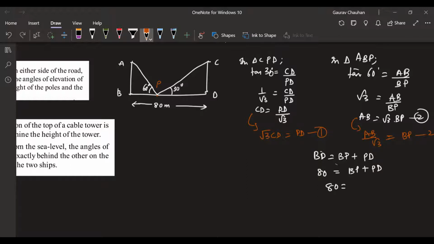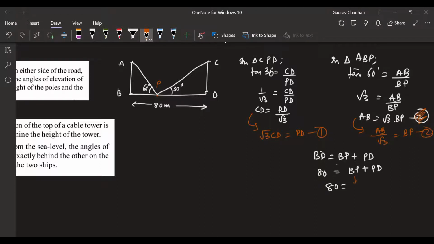We need AB only. AB is equal to root 3 BP, so BP is equal to AB by root 3. This is equation number 2.